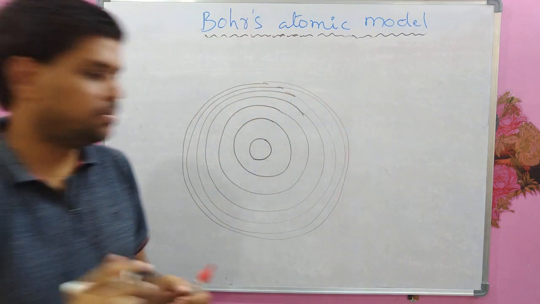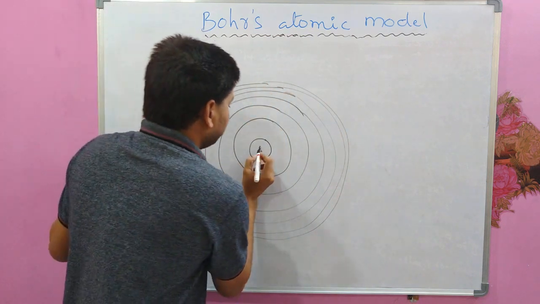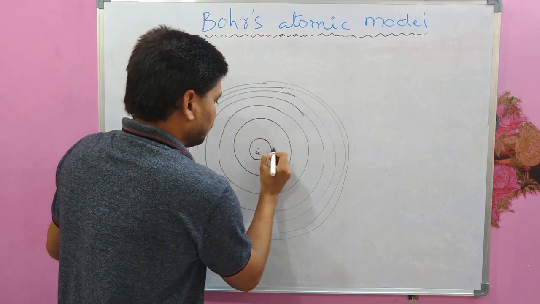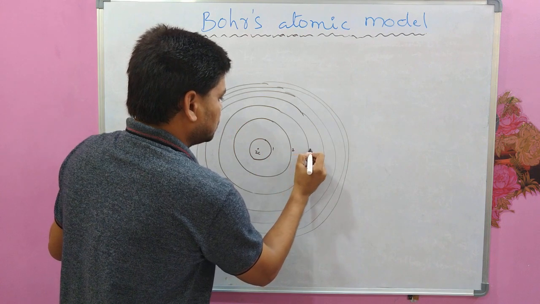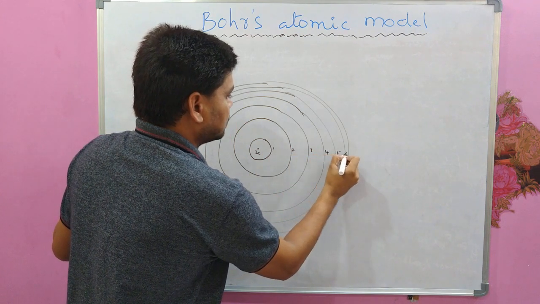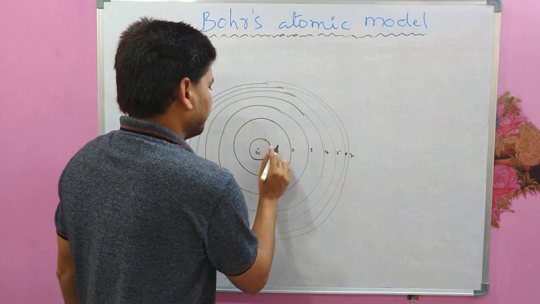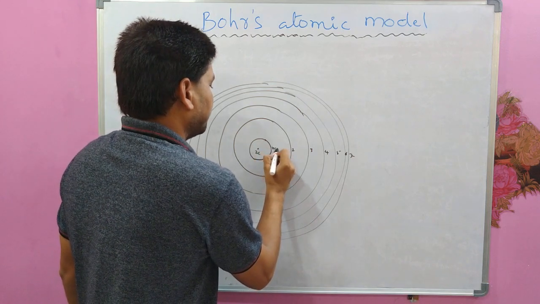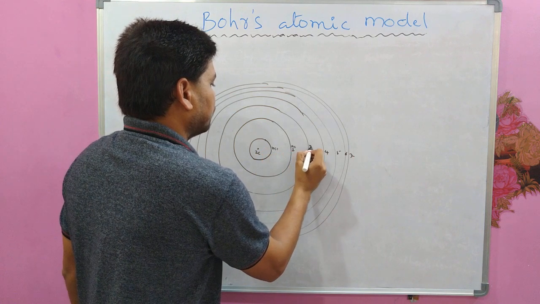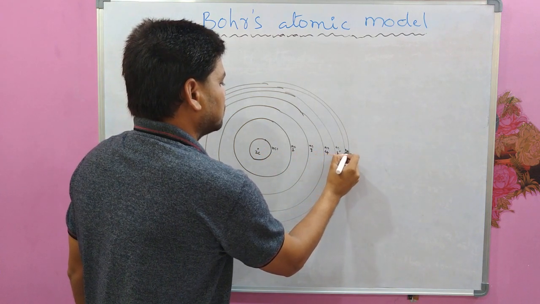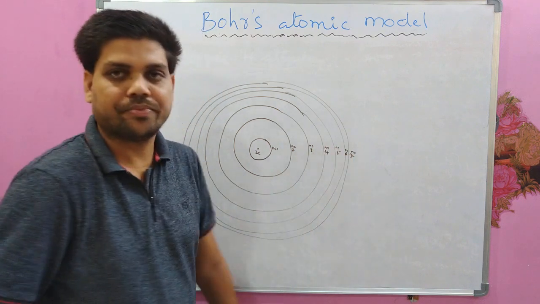Imagine they are circular orbits of an atom. Here the nucleus is here. 1, 2, 3, 4, 5, 6, 7. The principal quantum number n equal to 1, n equal to 2, n equal to 3, n equal to 4, n equal to 5, n equal to 6, n equal to 7.